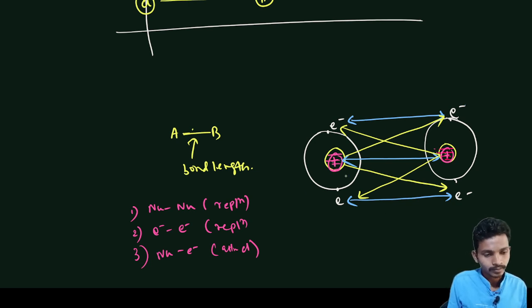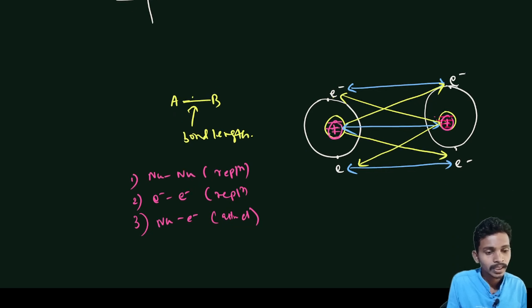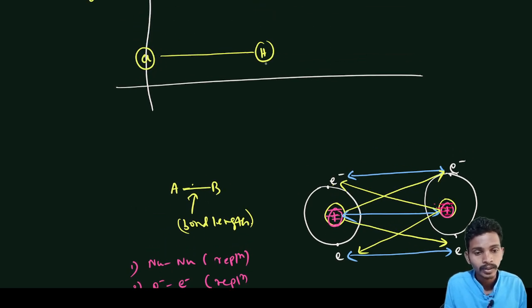So whenever you bring two atoms closer they get repulsions, and whenever they want to go far away, due to the electron and nucleus they again get attracted. So they will stay at such a position where neither attraction nor repulsion happens. That distance is called the bond length. This is the bond length where no repulsion or attraction is there, or we can also say that it is the equilibrium position, so we can say R equilibrium.